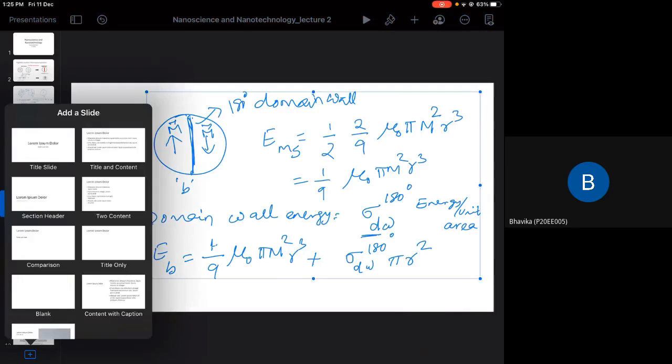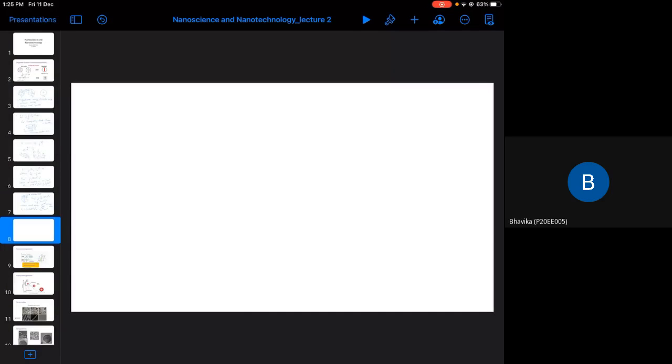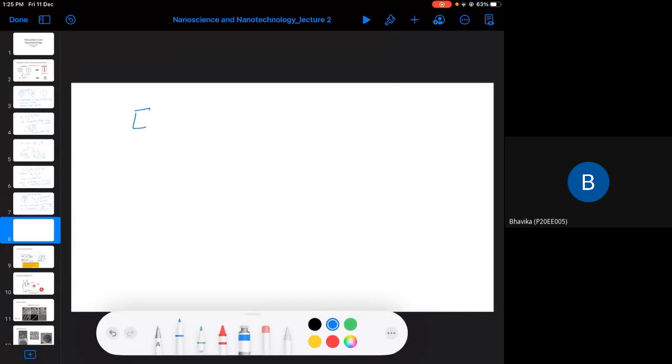Now if you want to know which one is the stable configuration, if you say my single domain is the stable configuration, in that case E_A, or E_C, should be less than E_B, right? In that case, the single domain ferromagnetic particle will be energetically favorable.